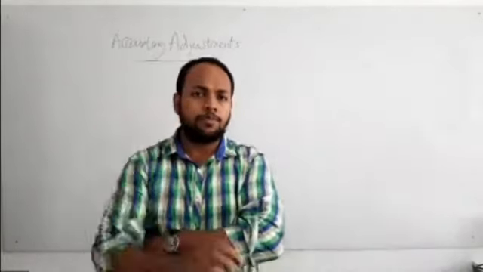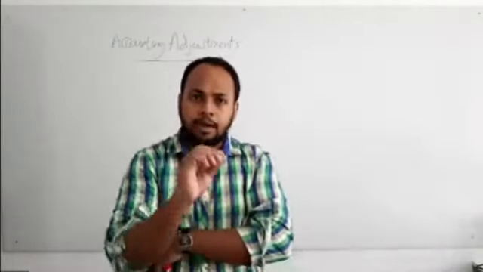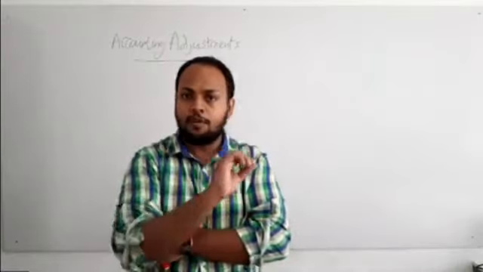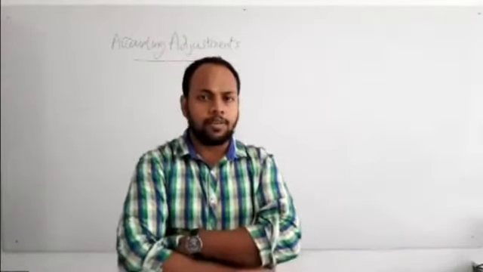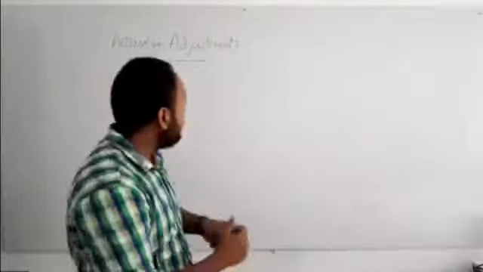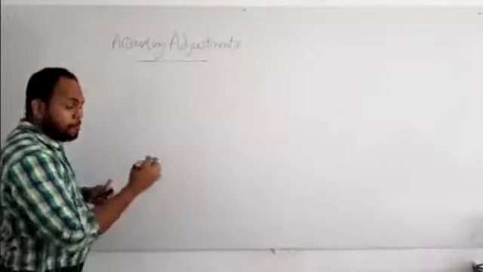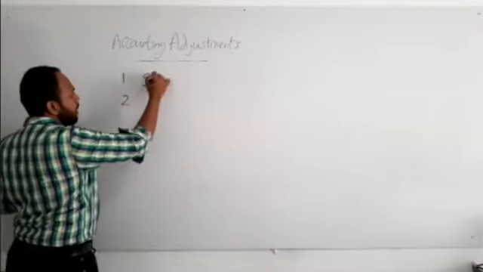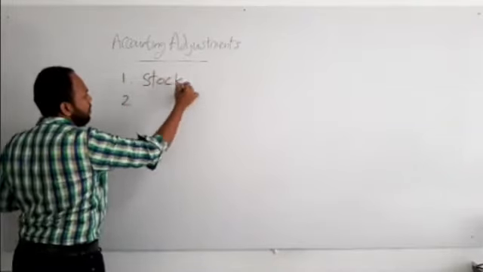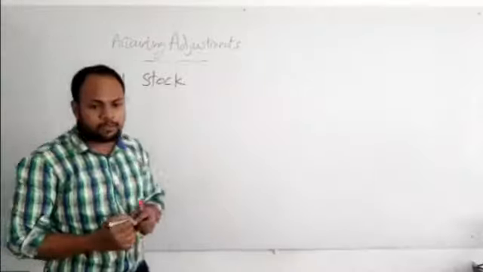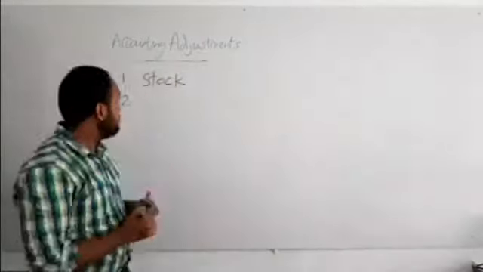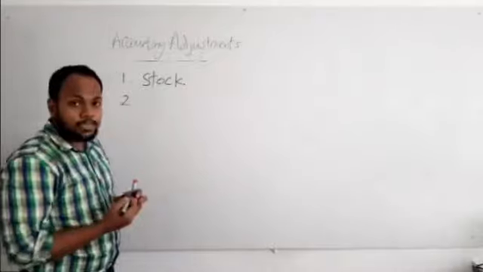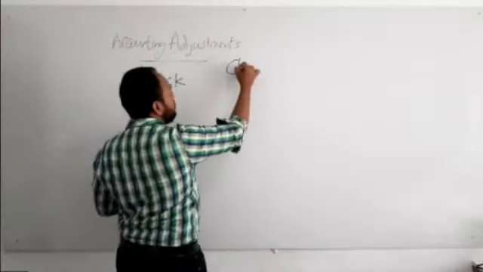So some adjustments come for all these types of organizations. So I will summarize it. Number one, we have adjustments related to stock, adjustments related to inventory. Under the stock adjustment, we have the closing stock adjustment.